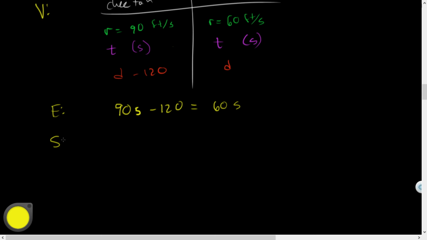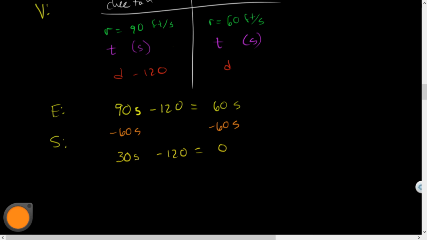So to solve this, what do you guys think I do? Yeah, I'd bring the little guy to the big guy. So I'm going to have 30S minus 120 equals... What's the mathematical number for nothing? Yeah, there you go.